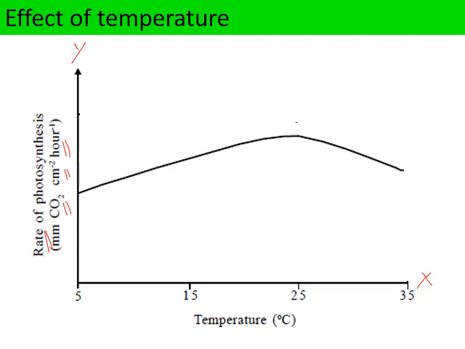So the independent variable is the temperature, and several different temperatures would have been used, and at each different temperature the rate of photosynthesis will have been measured as the dependent variable, and that's what's been plotted on this graph. So we can see going from 5 degrees C up to about 25 degrees C, we get an increase in the rate of photosynthesis.